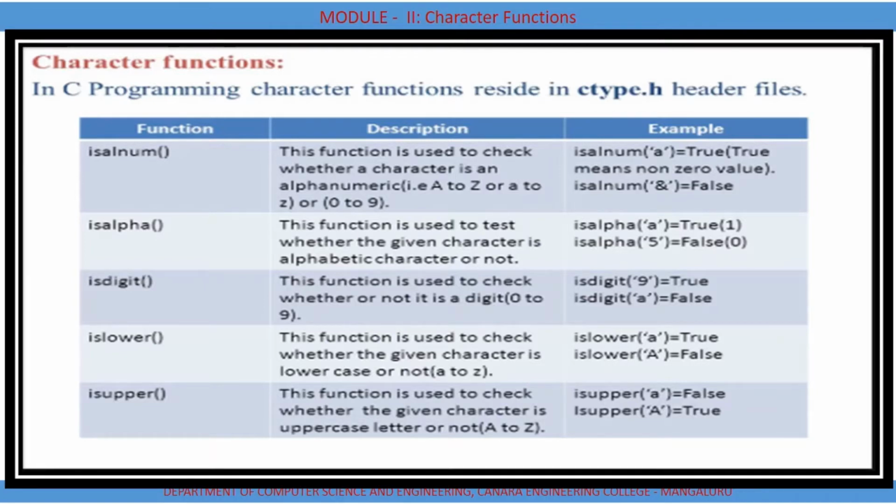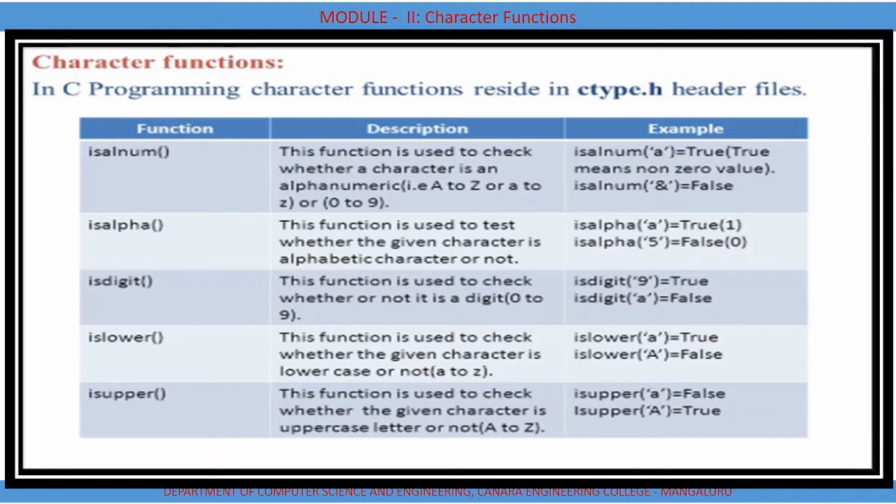Next is islower. This function is used to check if the entered character is in lowercase or not. If the entered character is a lowercase alphabet, then it will return true. If anything other than a lowercase alphabet is given as input, then it will return false.